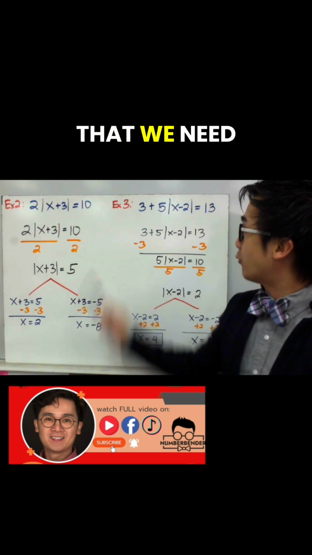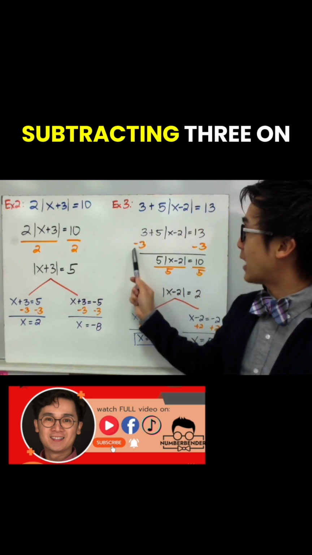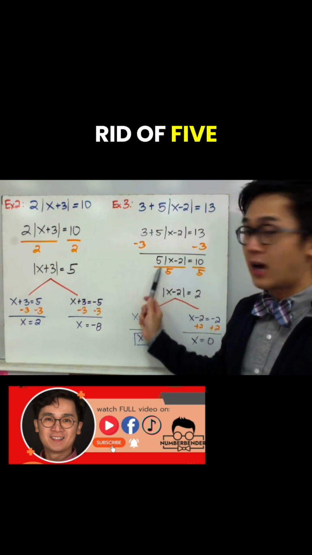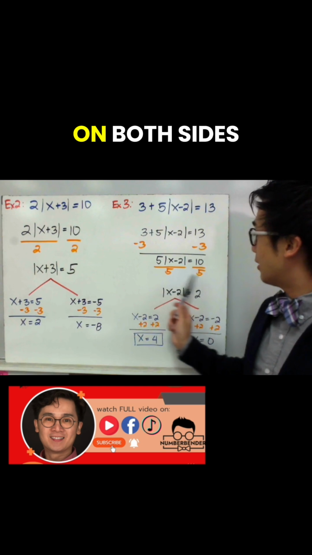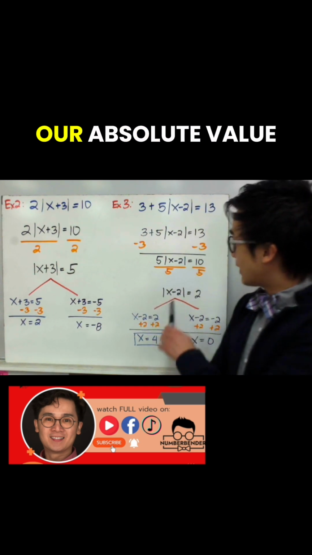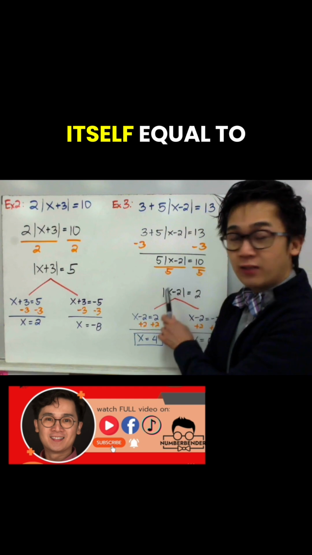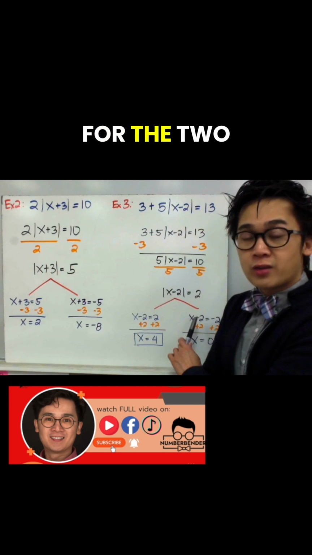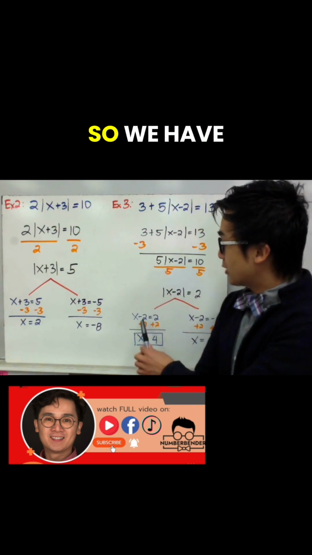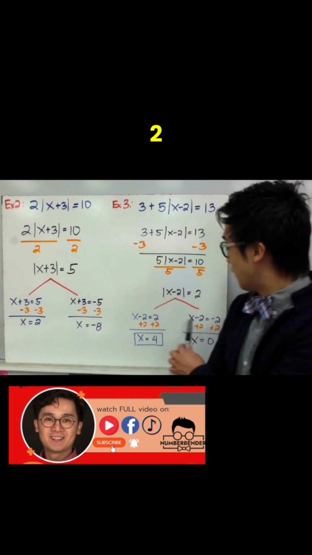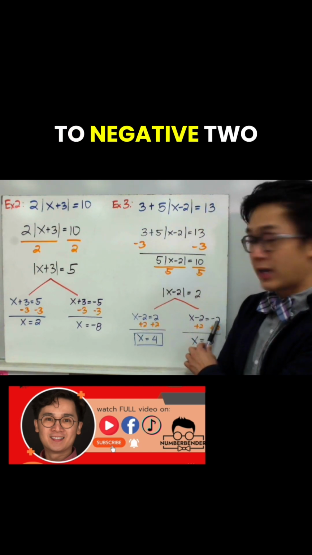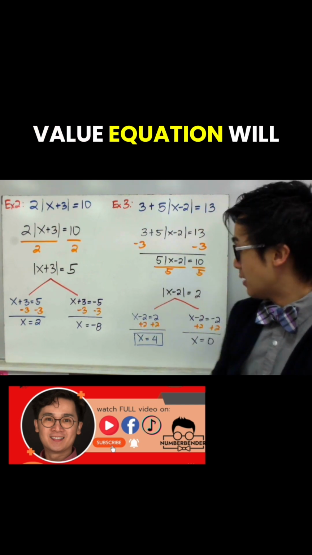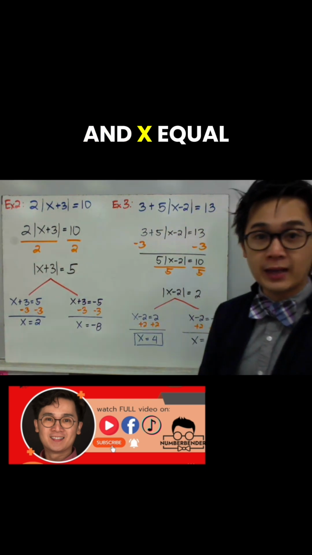To do that, we get rid of 3 by subtracting 3 on both sides, and afterwards, we get rid of 5 by dividing both sides by 5. Now that our absolute value is by itself equal to a number, we can split it into 2 to solve for the two values of x. So we have x minus 2 is equal to 2, and x minus 2 is equal to negative 2. So the two values of x for our absolute value equation will be x equal to 4 and x equal to 0.